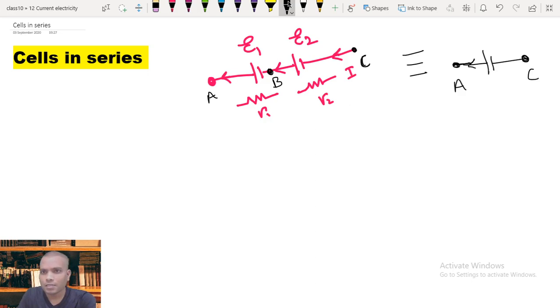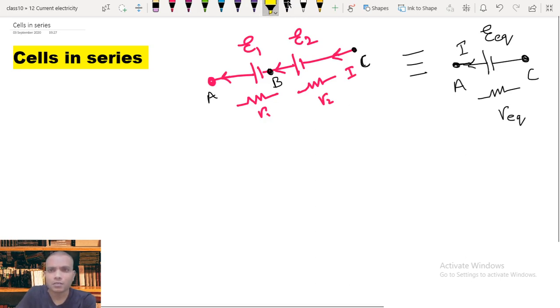And the same current I is flowing. Here is the internal resistance R. Now my task is to find the equivalent EMF, the total EMF of the combination of the cells, and to find the equivalent resistance, meaning the total resistance after combining the two cells.